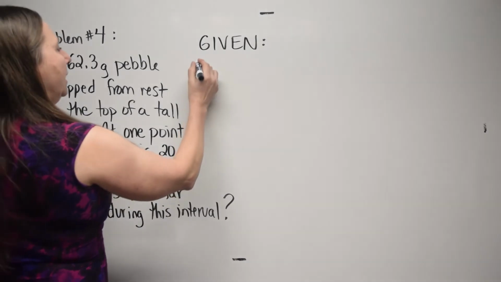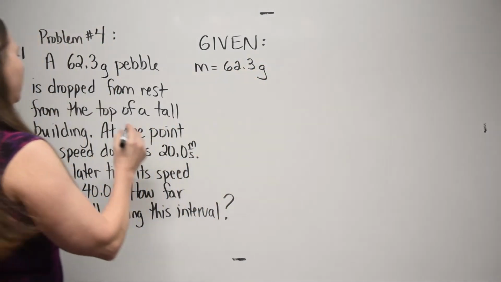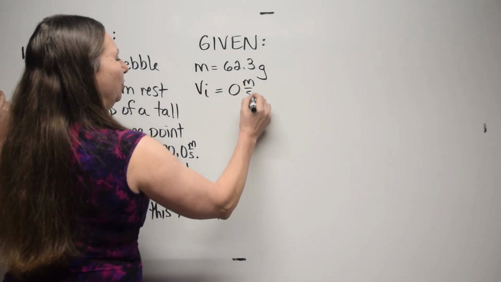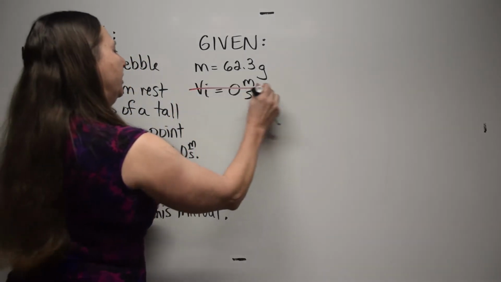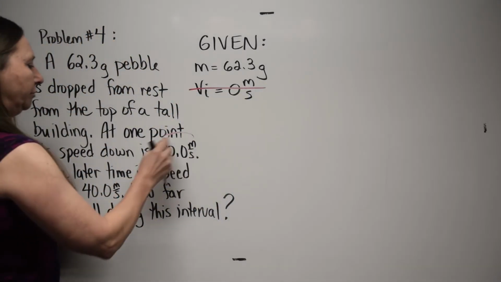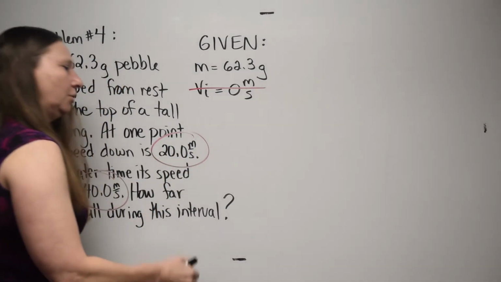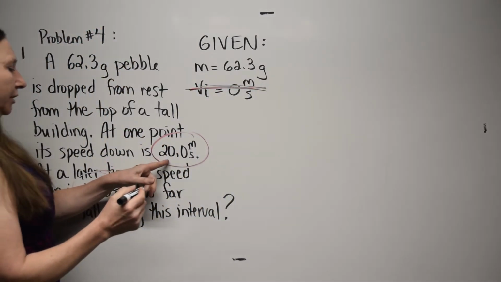We've got the mass of the pebble, 62.3 grams, dropped from rest. Well, V initial is 0, but we're really not focused on what happens from V initial. We're focused from 20 to 40. The problem is really starting at 20.